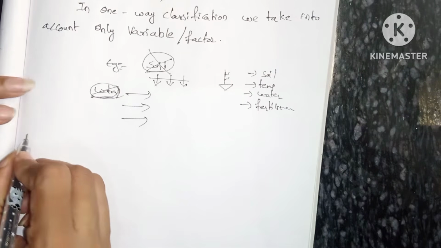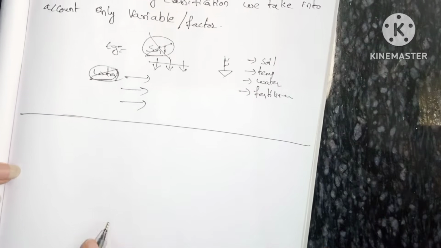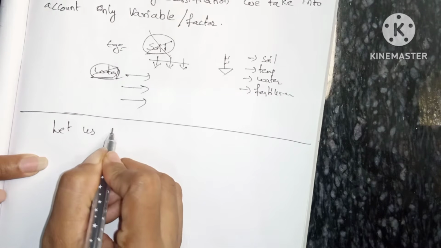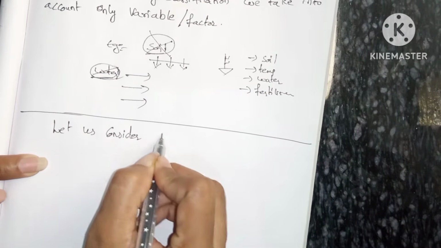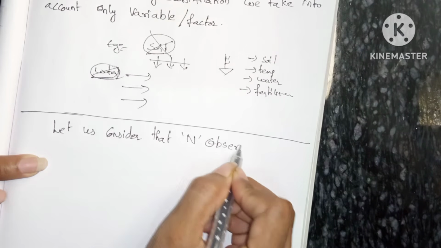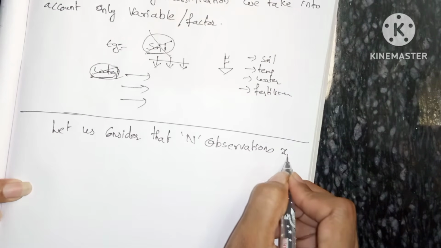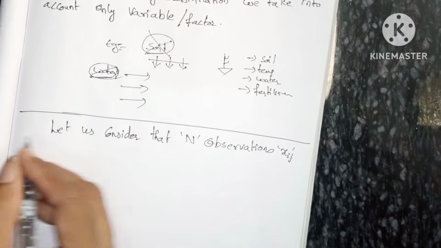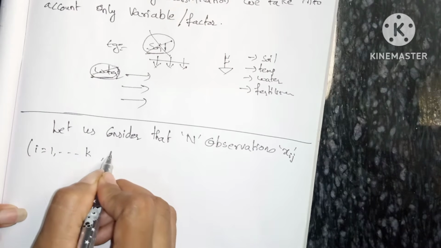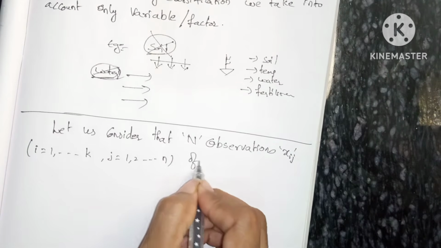Now let us see the procedure of ANOVA one-way. Let us consider that n observations we are having. They are denoted with xij, where i equals 1 and so on up to k, j equals 1, 2 and so on up to n, of random variables.